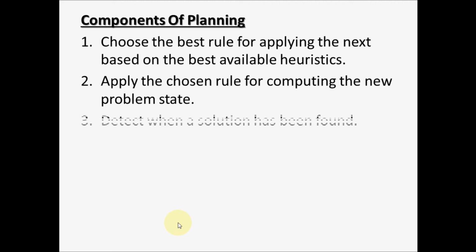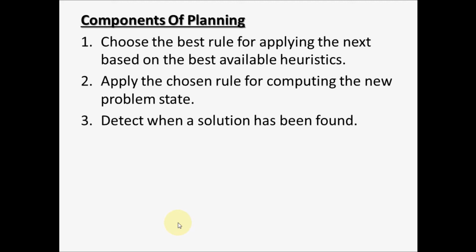Let us proceed. The third component of planning is detect when a solution has been found. So how are you going to detect that the solution is found? You will have your initial state, and you will know what goal state is required. At every new state that you generate at every stage, you have to compare that current state with the goal state, and the time when the current state is very close to the goal state or almost the goal state, at that time you can say the solution has been found.